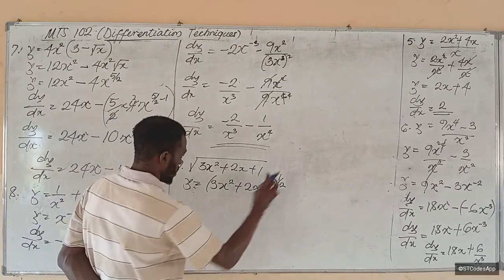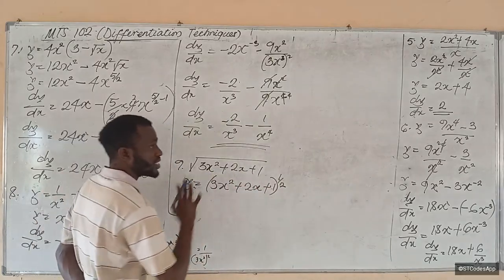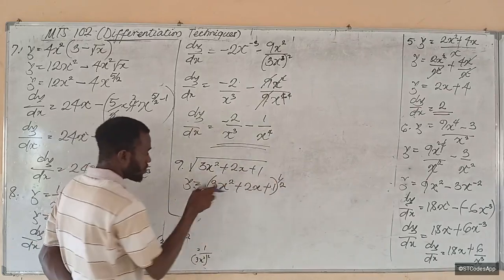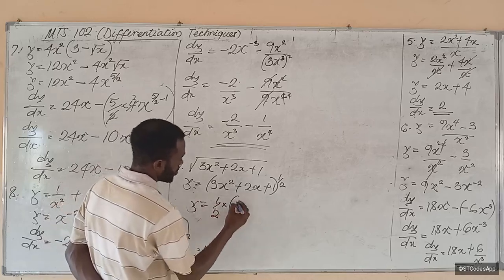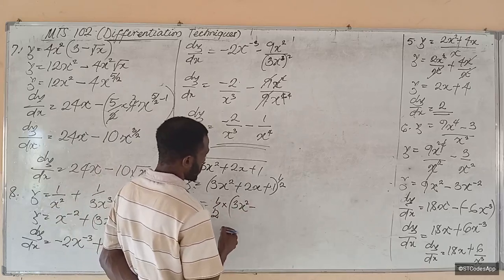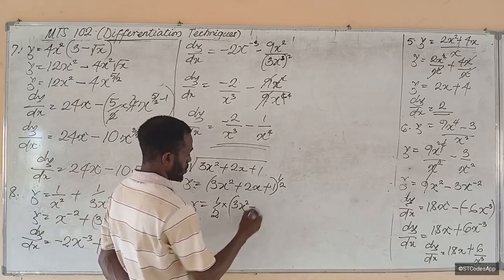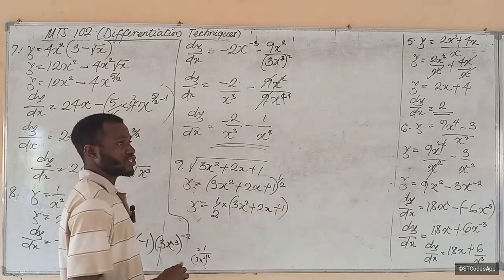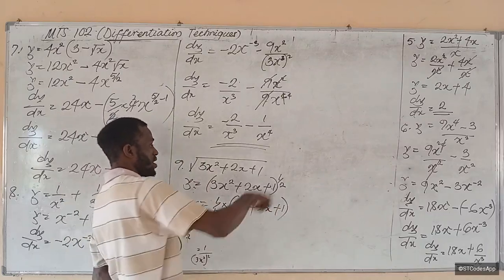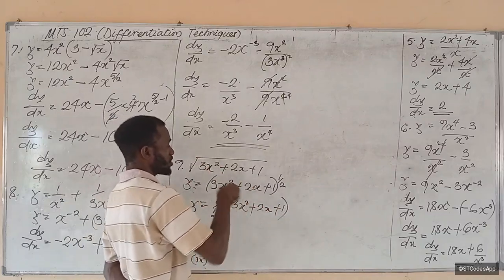If that be the case, then this one will now differentiate the outside function. So this one will come forward and have y equal to 1 over 2 multiplied by 3x squared plus 2x plus 1. Then we'll now differentiate the inner function. So let's differentiate the inner function.